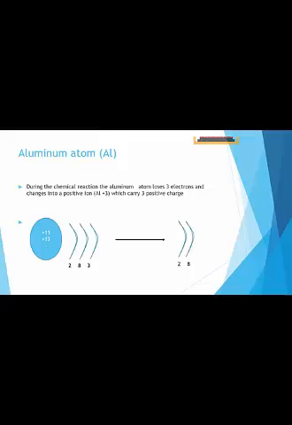Aluminium during the chemical reaction tends to lose 3 electrons from the outermost energy level and will be represented as Al3+, because it loses 3 electrons and is changed into a positive ion.